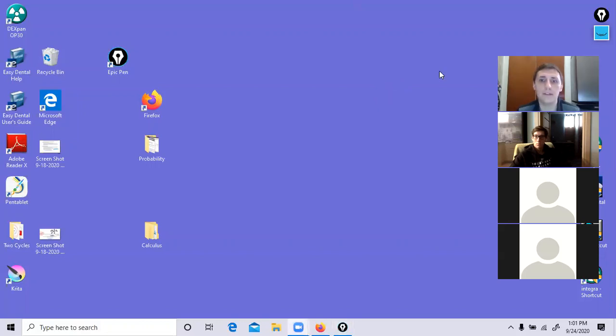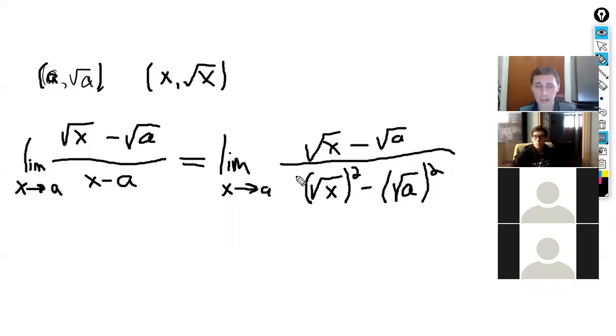Okay, so we have this expression. I can now factor the denominator. I could have multiplied by the conjugate, but as you see, factor the denominator. So what do I get?